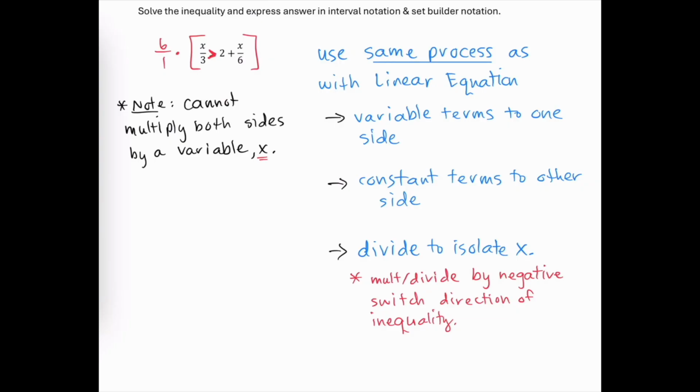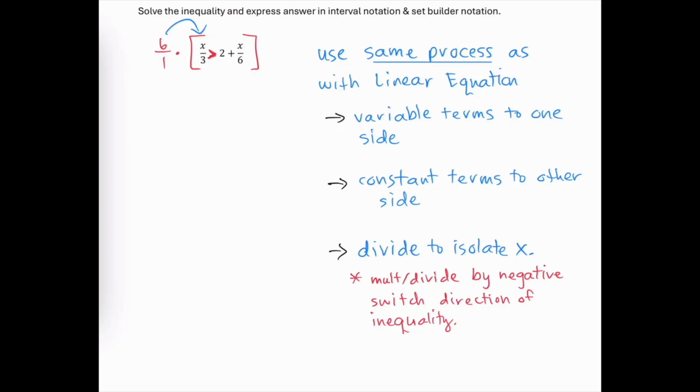If you multiply an inequality by a positive, it doesn't switch the sign. If you multiply an inequality by a negative, it does. And so we cannot multiply both sides by a variable because we don't know whether or not it would switch the sign. So only if our LCD is a constant value are we allowed to multiply both sides by the LCD and clear the fractions.